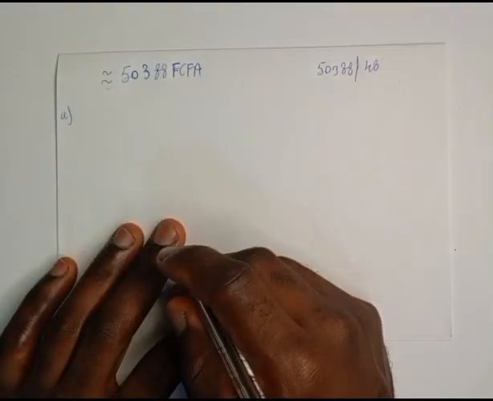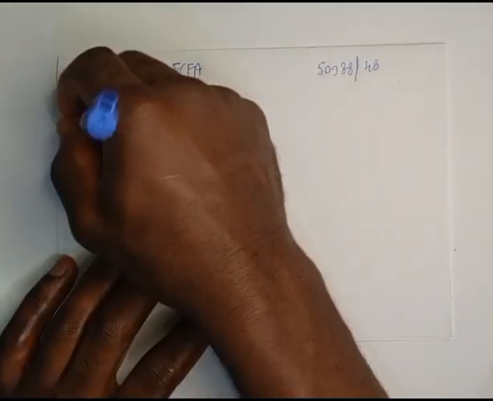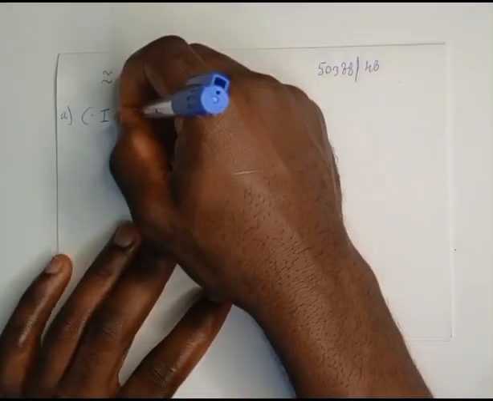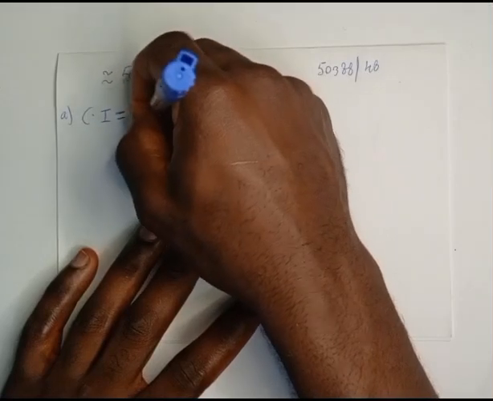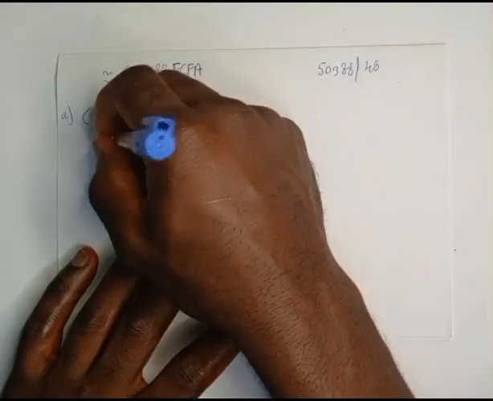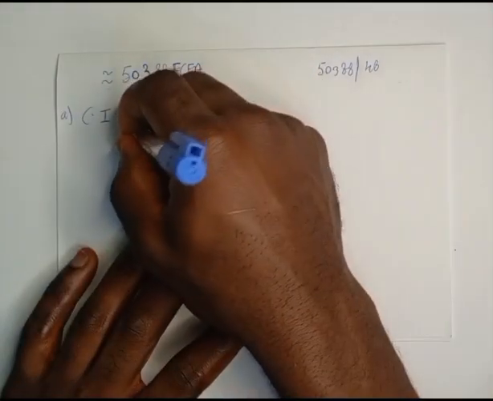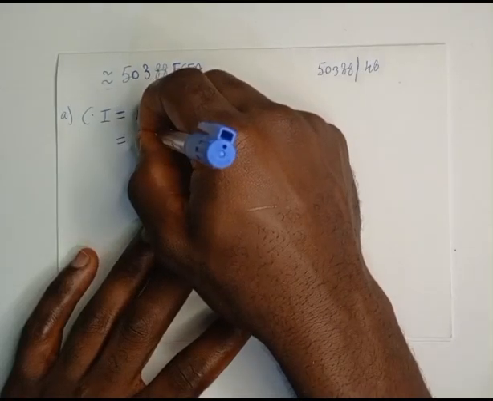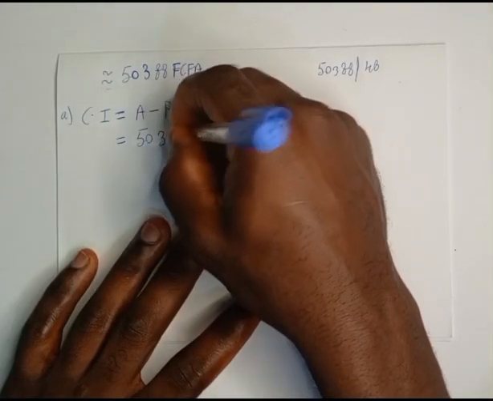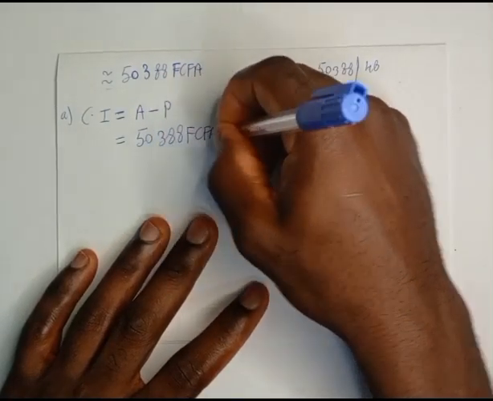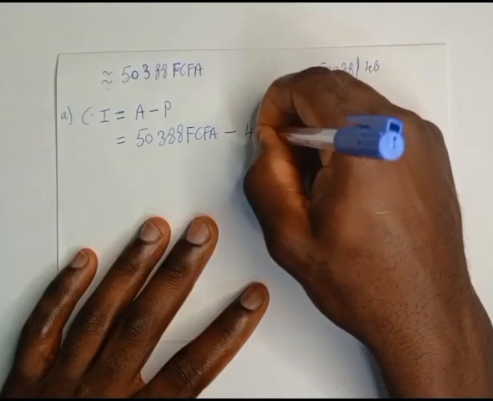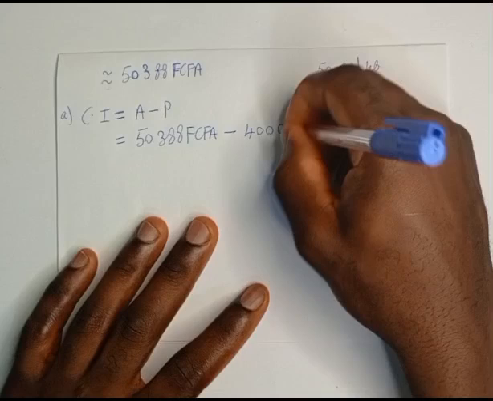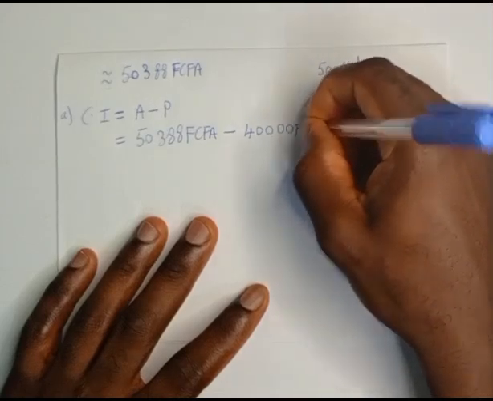Question A, we are asked to find the compound interest. Our compound interest is simply the amount minus the principal, and this will be equal to 50,388 francs CFA minus the invested amount, which is 40,000 francs CFA.